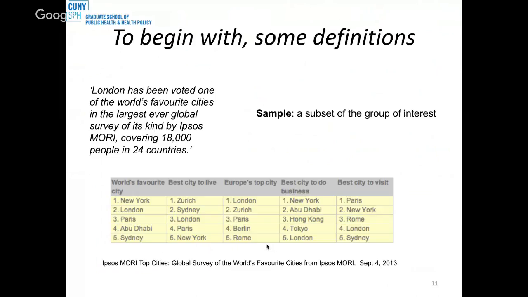Just by looking at the title of it, this global survey of world's favorite cities, I took it to mean that everyone in the world was their target population. Obviously, they didn't ask everyone in the world. They had some sampling strategy to ask a subset of them in a way that they hoped would allow them to make an accurate inference about everyone else.